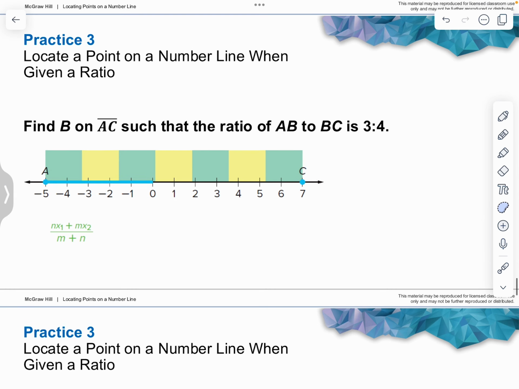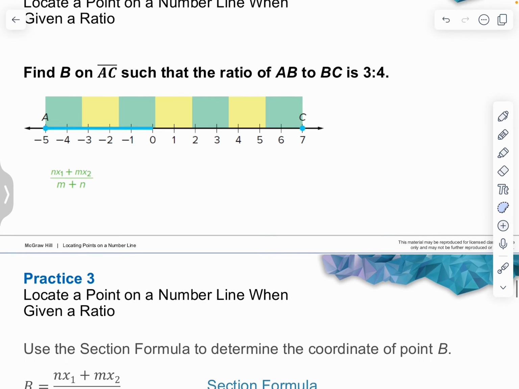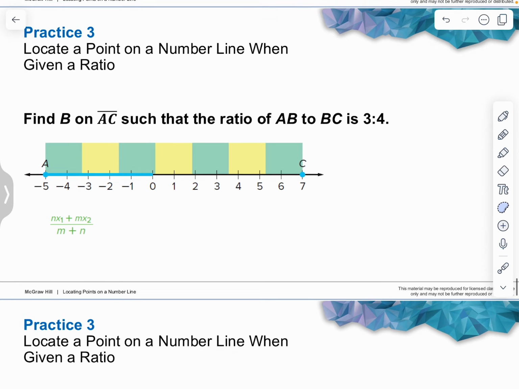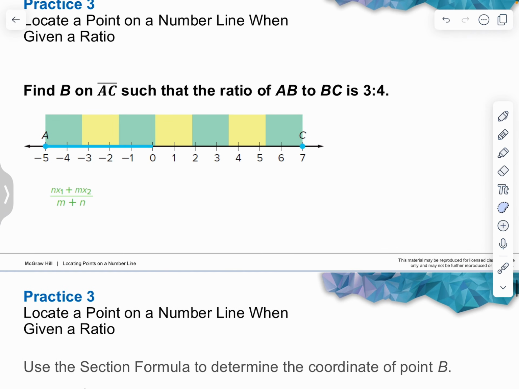All right, find B on AC such that the ratio of AB to BC is 3 to 4. If I was writing this out, I would say this is 3 and this is 4. This is my x1, this is my x2.